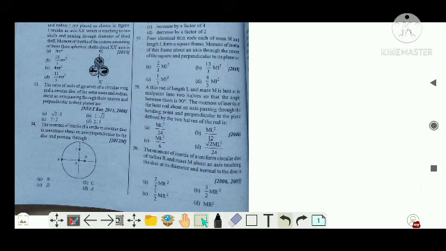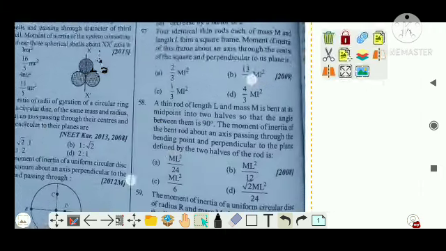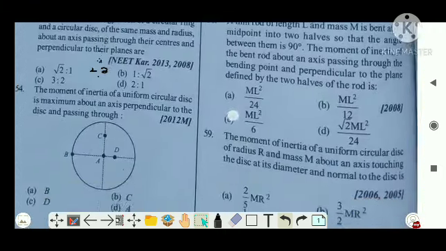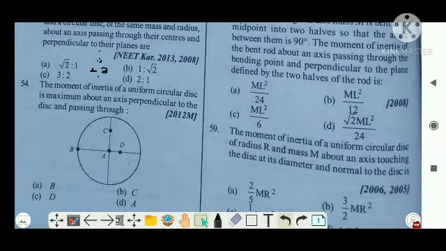So moving on with the next question. Let us move on with the 54th question. Moment of inertia of a uniform circular disc is maximum about an axis perpendicular to and passing. You are asked where the moment of inertia is maximum. See, suppose I know the moment of inertia for the center.